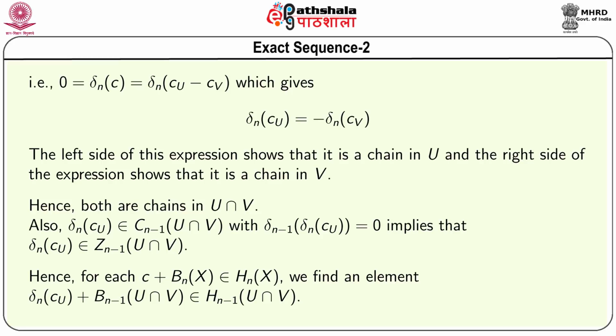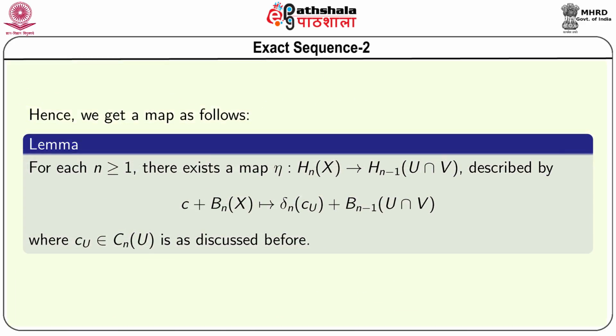Hence, for each c + B_n(X) belonging to H_n(X), we find an element ∂_n c_u + B_{n-1}(U ∩ V) inside H_{n-1}(U ∩ V). It is not hard to show that such an element depends on c only and not on any choice of the element c_u.